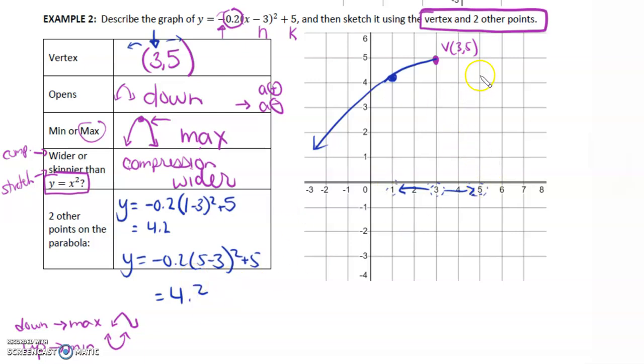Okay, so (5, 4.2), it's going to look like this, and this is going to be our parabola.